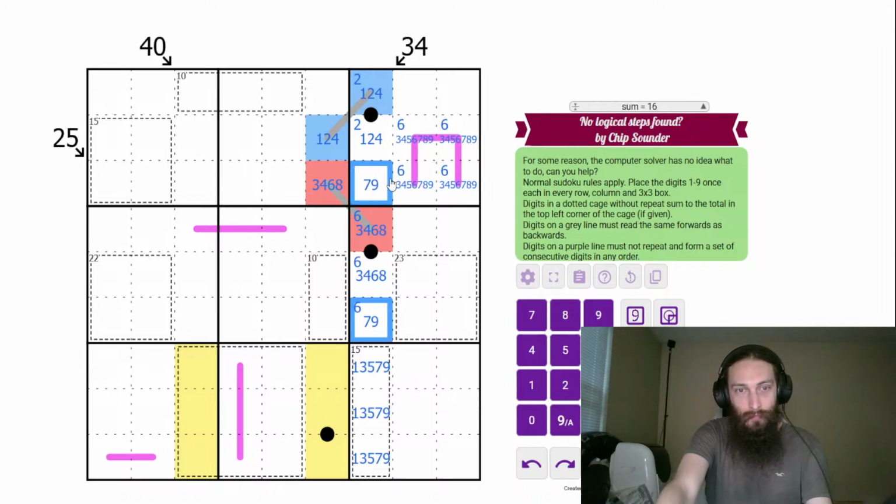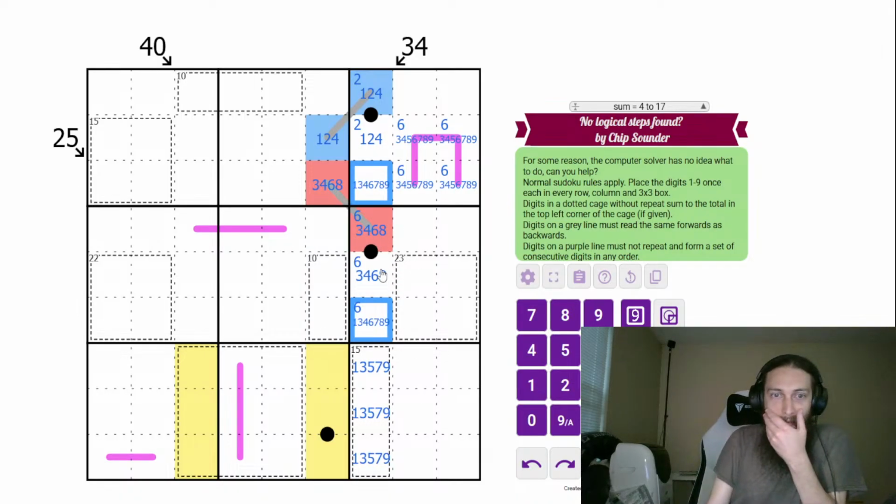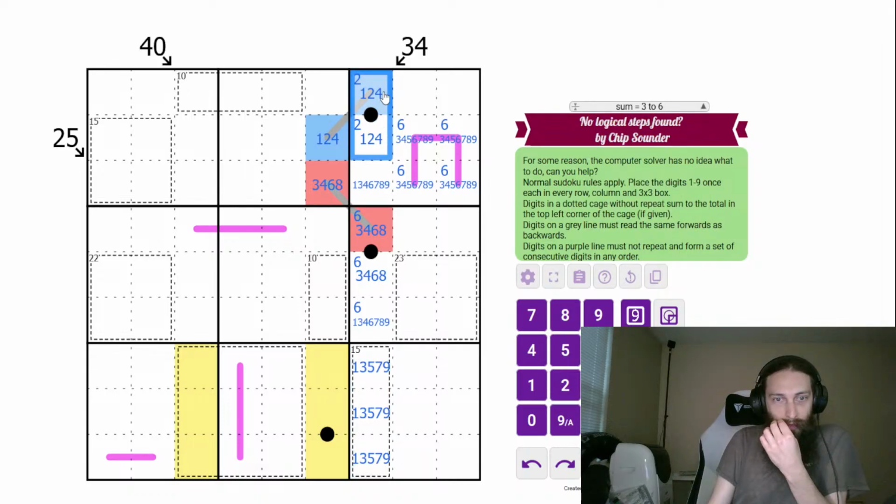No, not necessarily. Well, because we know in box 6, the crop key is either 3, 6 or 4, 8. So if it's 3, 6, we get 1, 5, 9, and 2, 4.